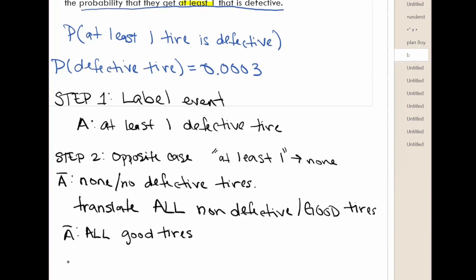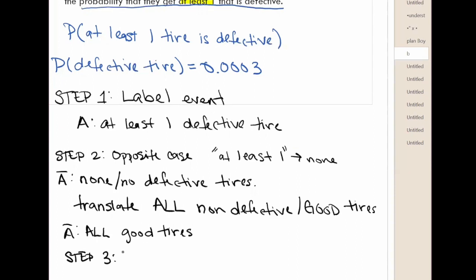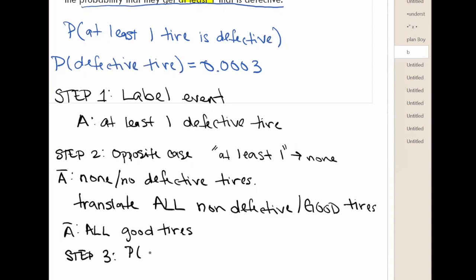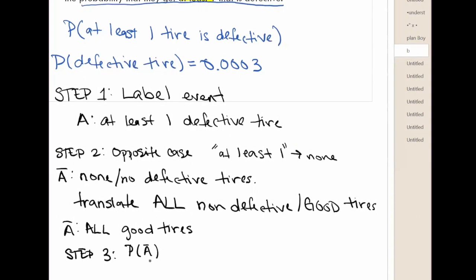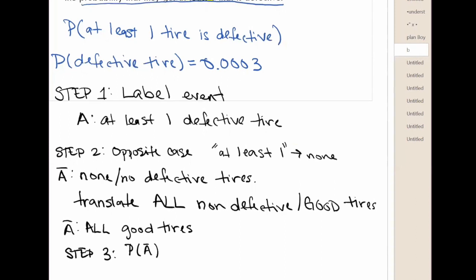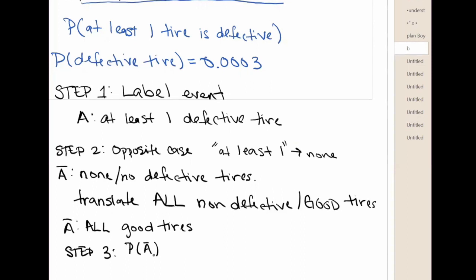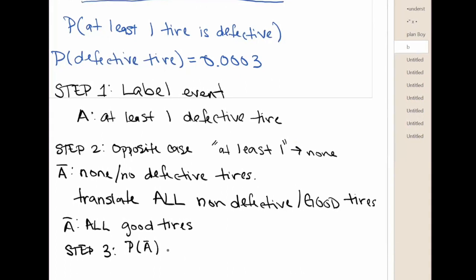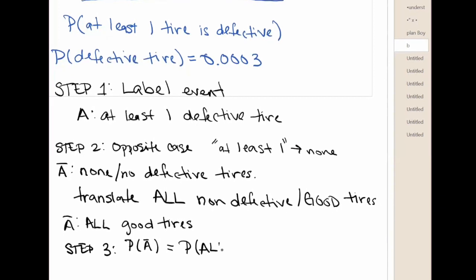Let's look at step 3 now. Step 3 says now we find the probability of whatever that complement or the opposite was. And we said ours were all good tires. So we need to find the probability of getting all good tires here. So I'm going to write it once again down here. We want all good tires.